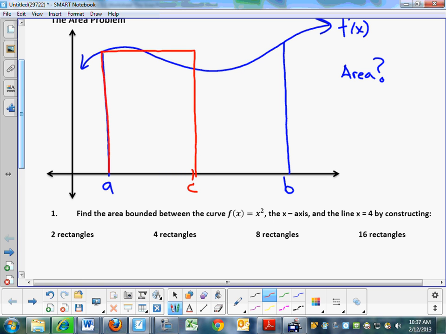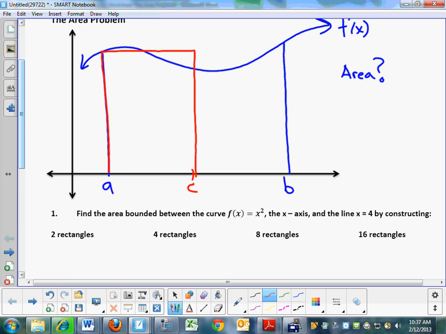What do you think? Is that rectangle an overestimation or an underestimation of that area? That'll be an over. I cut off a little bit at the top, but I get some extra over here, so that looks like an overestimation. Okay, for my second rectangle, I look at the interval C to B. And I go to the left side of that interval.